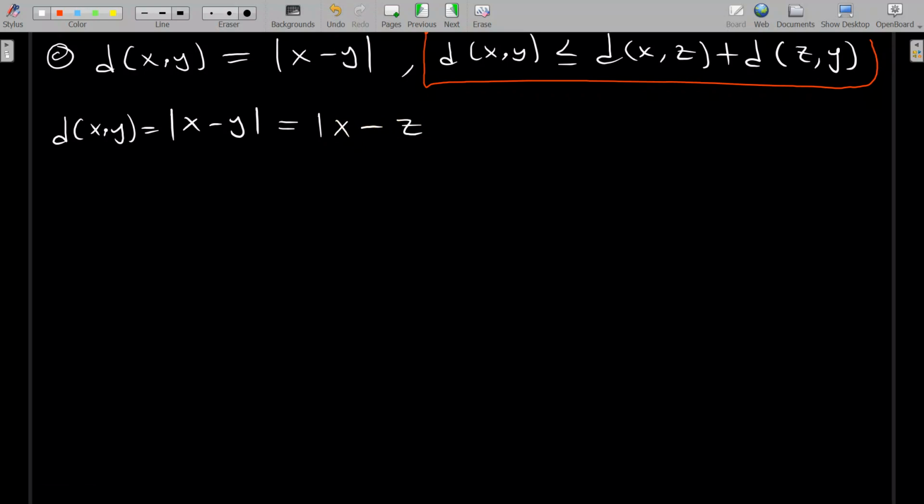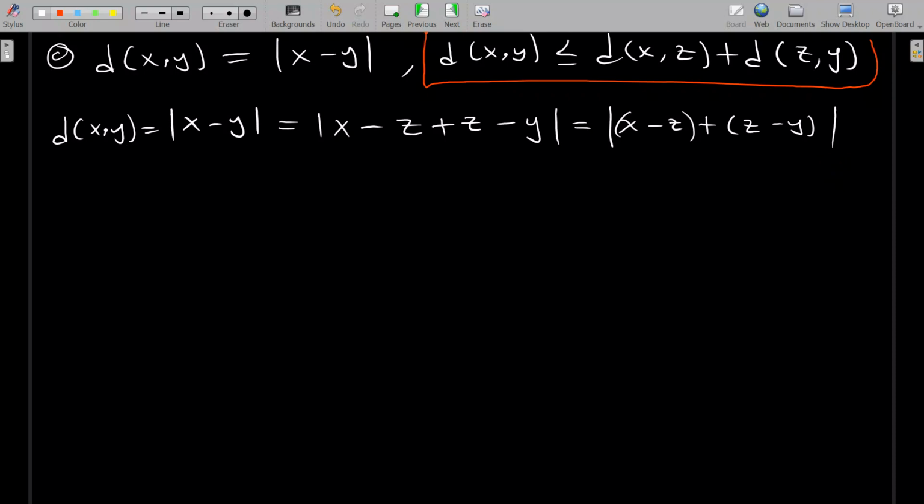So minus z plus z will give you what? 0. So actually I've not done anything here. I just created the z and destroyed it again. So now this in a long way is the same as the absolute value of x minus z plus, you can put this in brackets, z minus y.